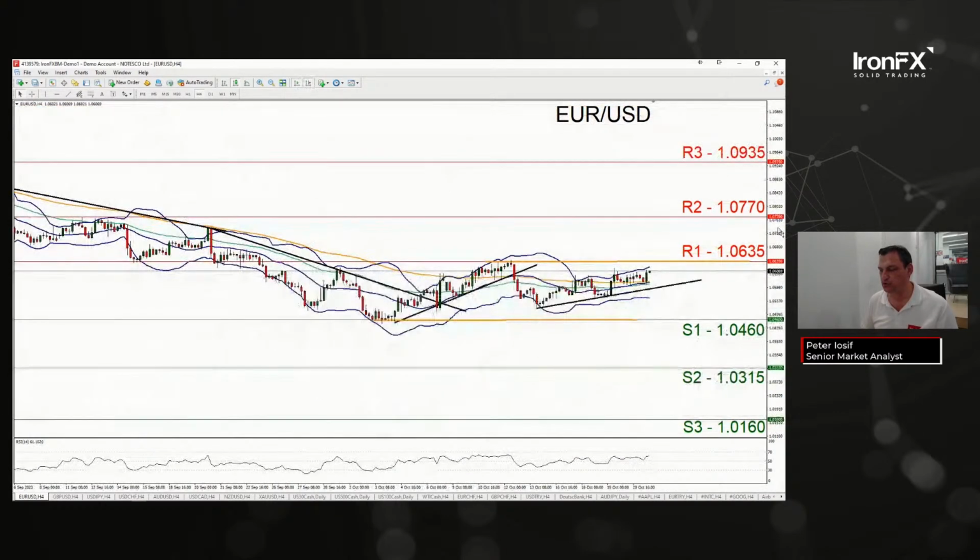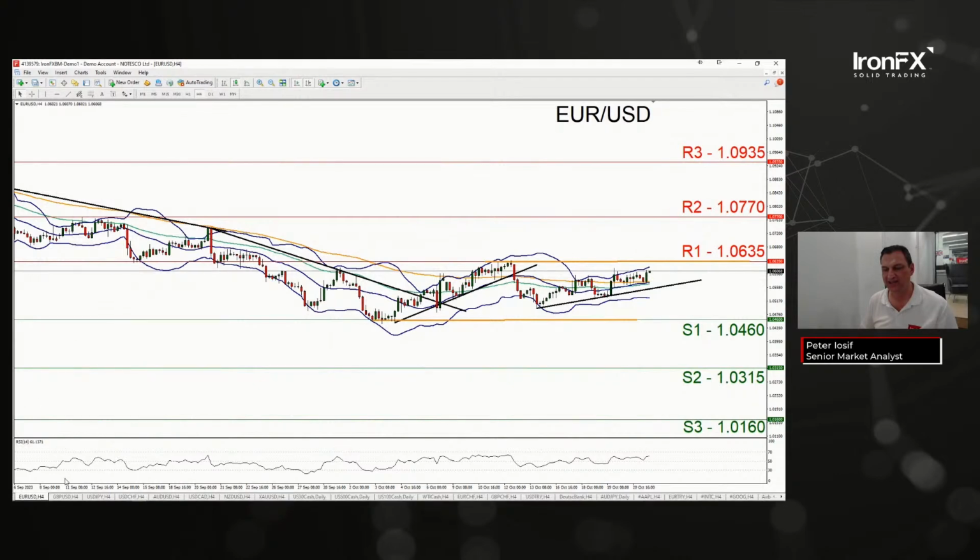Once again, sideways motion expected, yet I would be issuing here a warning for a bullish outlook and switch the sideways motion bias into a bullish outlook should the pair clearly break above the R1 1.0635, and maybe even we see the R1, once it has been broken, acting as a support line.